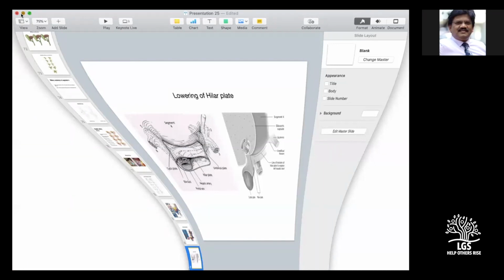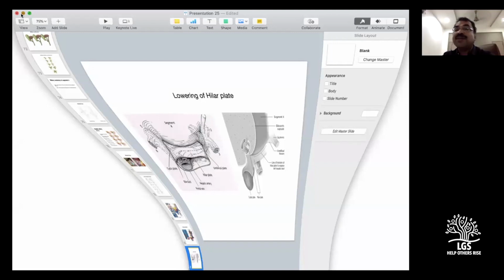Anyone to come up with a comment or a question? I think during the general surgery posting, the exposure to the biliary tract, especially the hilum, is not that good.